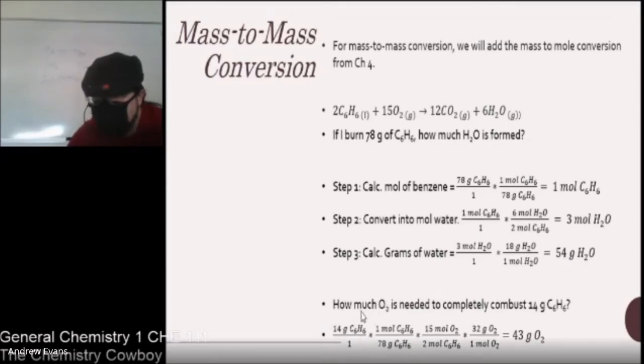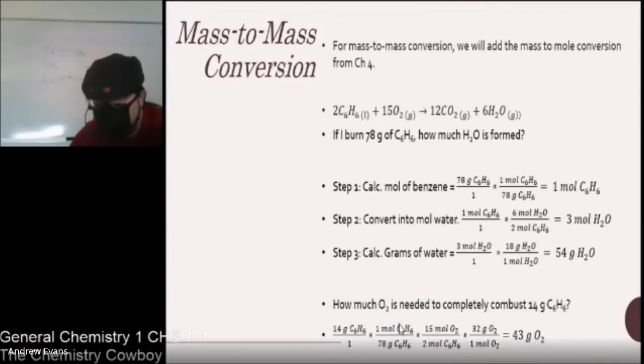So if I have instead 14 grams of benzene and I asked how much oxygen we would need to fully burn it. Once again, 14 grams, we divide by 78 grams per mole. We look at the balanced equation, 2 to 15. I know I need the 2 on bottom, 15 on top, because we need moles of benzene to cancel with moles of benzene.